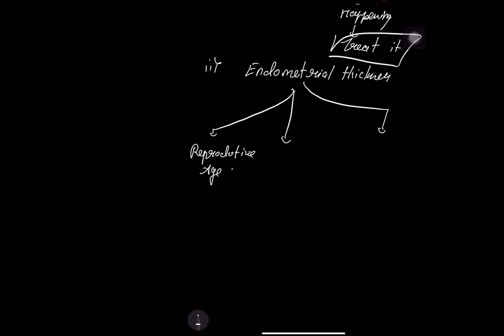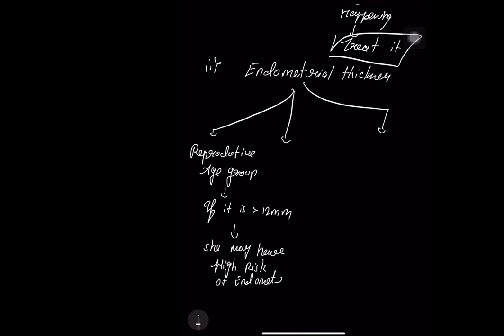So, endometrial thickness in the reproductive age group, if it is more than 12 mm, then she may have a high risk of endometrial carcinoma.